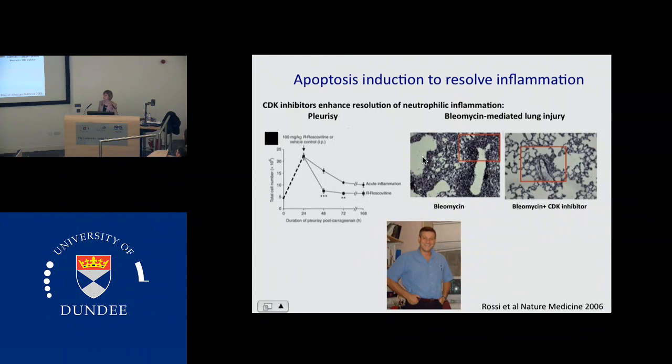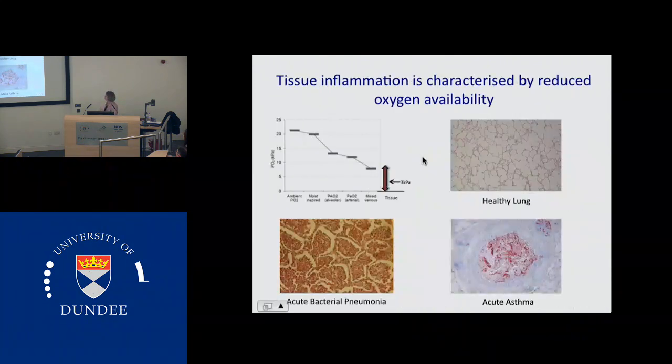So we've been interested in thinking about factors that are only applicable at the site of inflammation and won't apply to the circulation. And I think all respiratory physicians are interested in oxygen, but the lung is particularly interesting because in health it is a very well oxygenated organ. We sometimes talk about the oxygen cascade. The air that we breathe in is highly oxygenated, with an oxygen tension of around 20 kilopascals.